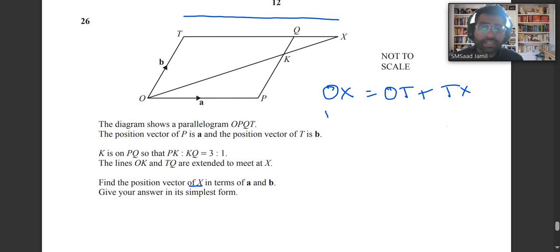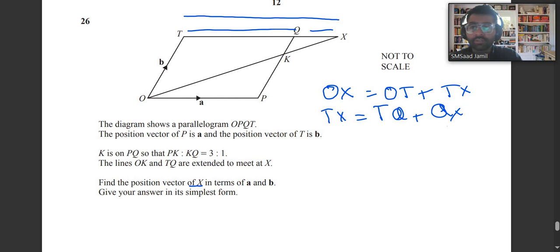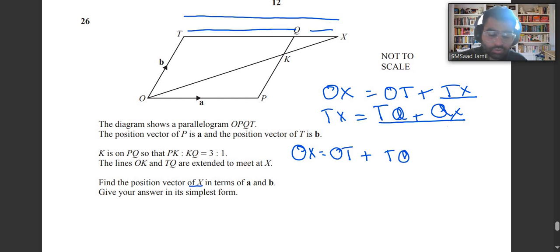We will find TX like this: it's TQ plus QX. So if I want to expand this, OX is equal to OT plus TQ plus QX. This is how I will find OX.